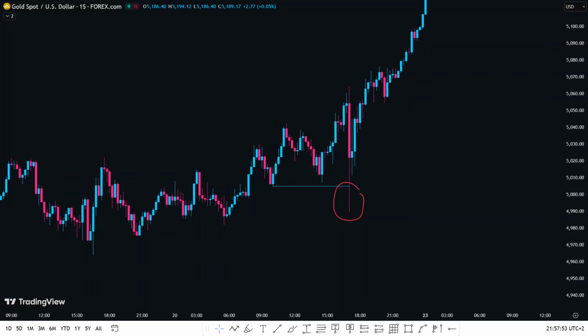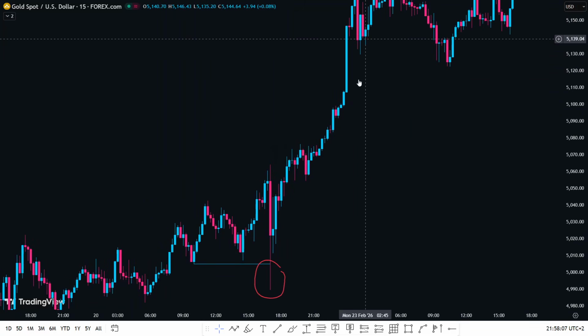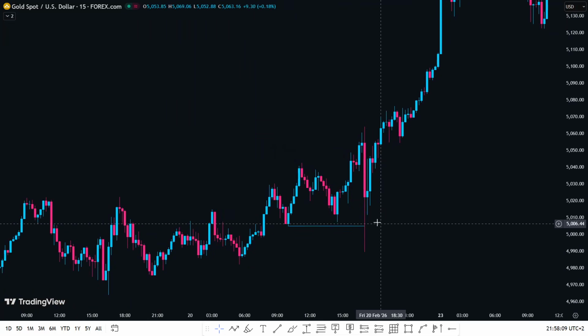That move is designed to grab liquidity before a real move happens. So as you can see here, we did take out those equal lows right here, and then the market ended up pushing way, way higher because it's designed to take out the liquidity that's resting below here.